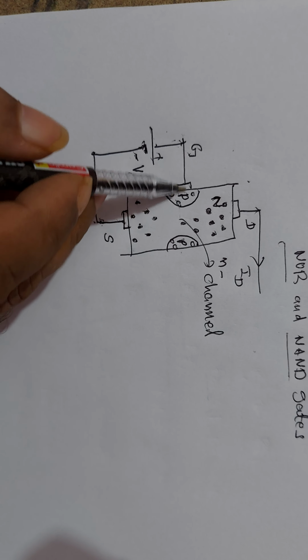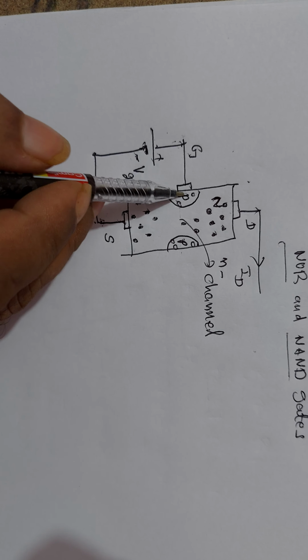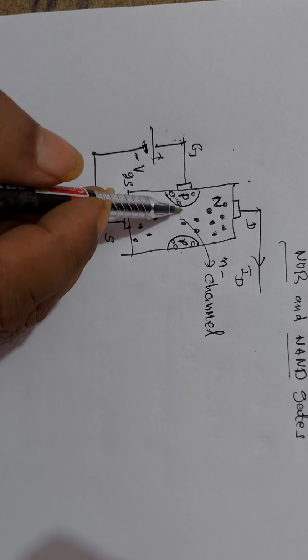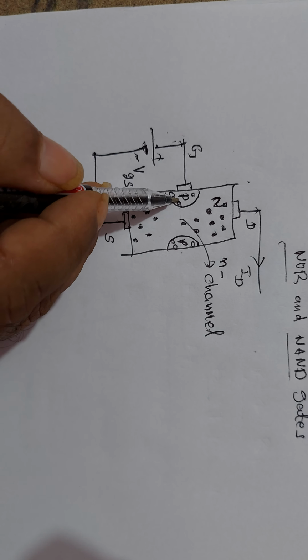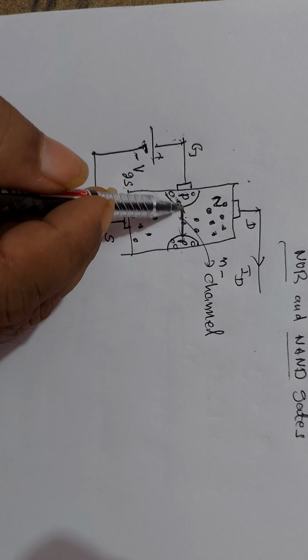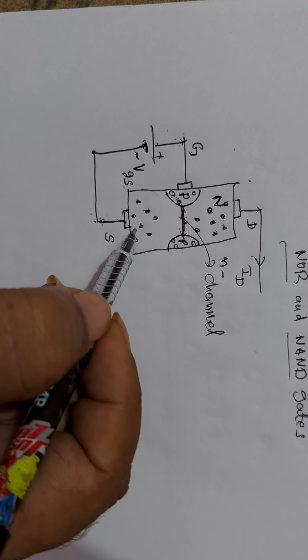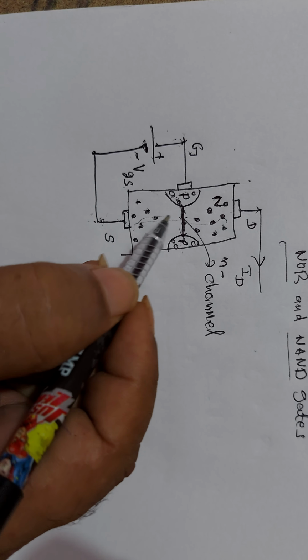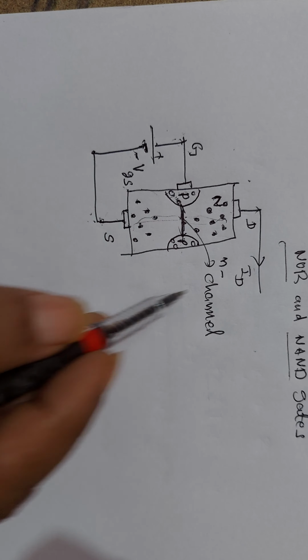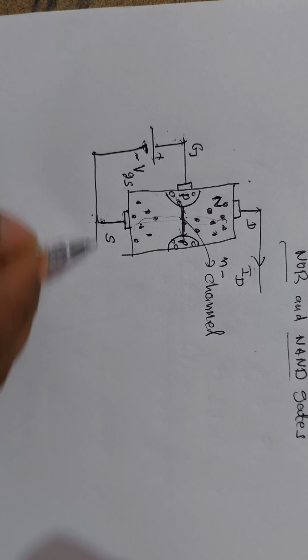Here the P material is connected to positive. Therefore it becomes forward biased. During forward bias, current can inject from P to N. That means the width increases. When the width increases, the number of electrons that can flow through this channel increases, and current is conducted. This transistor is said to be on.